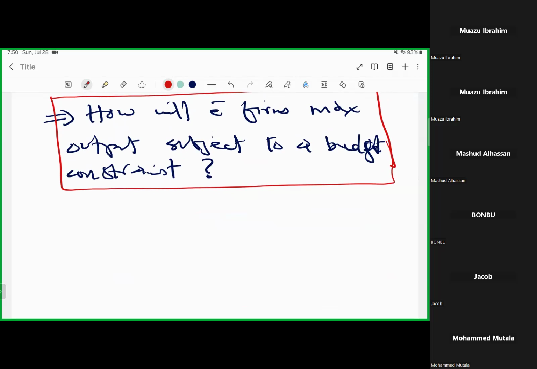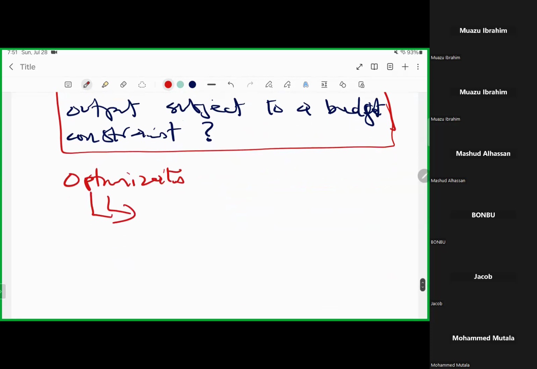You also want to minimize your cost, but you are constrained by production quotas. In this particular case, under the optimization problem that we are looking at, we are talking about constraint optimization.